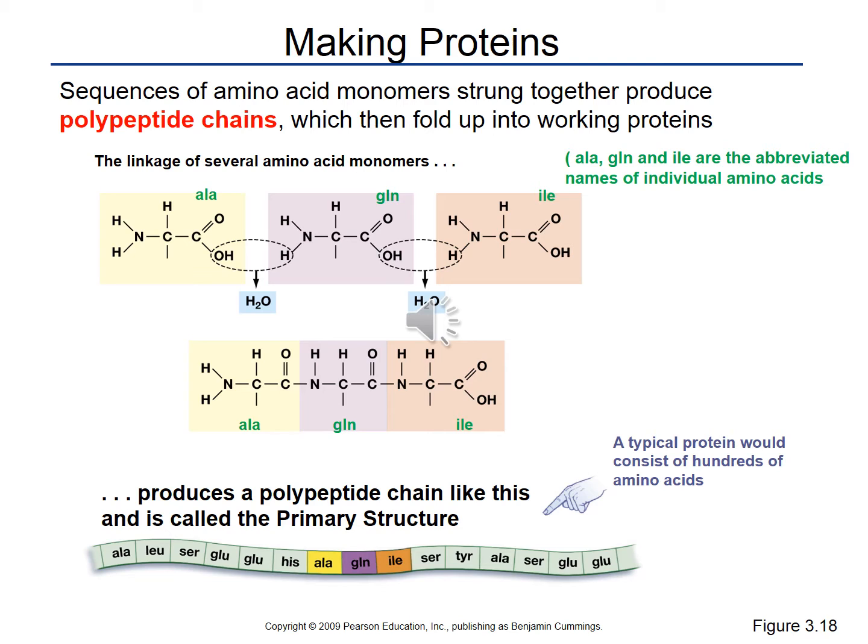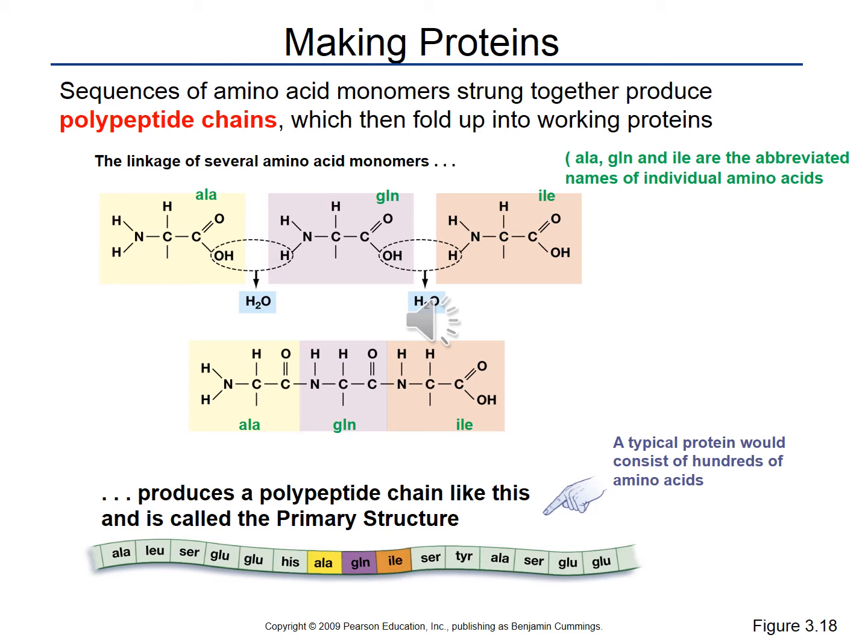And the third one in the pink is isoleucine, ILE. So in this whole structure on the very bottom of this slide, that is a polypeptide chain. And you can see those three amino acids. They're along this whole polypeptide chain.